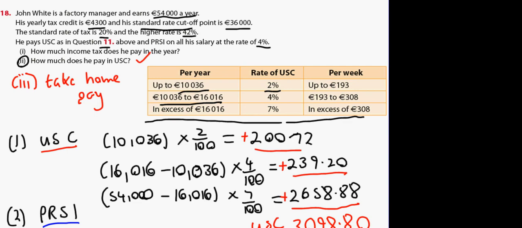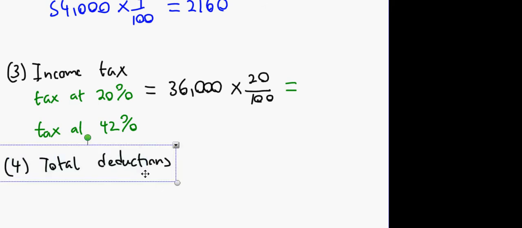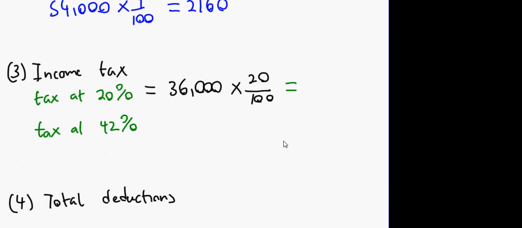That's going to be 36,000 in here, and you're going to multiply that by 20%, aren't you? 20 over 100. And what do we get? 7,200.